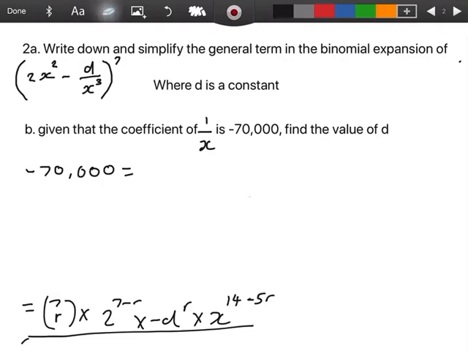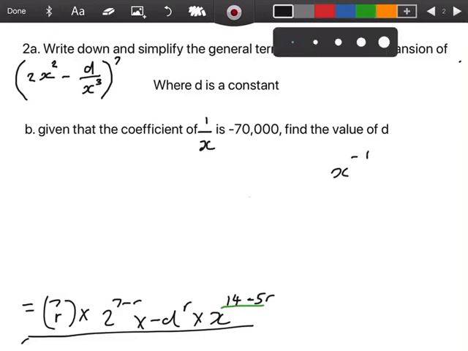Well, before we do that, actually, I'll rub that out. 1 over x means that it's x to the power of negative 1. So down here, 14 minus 5r has to equal negative 1.